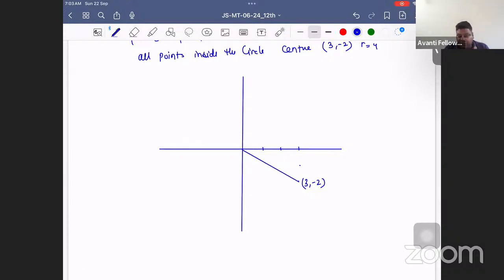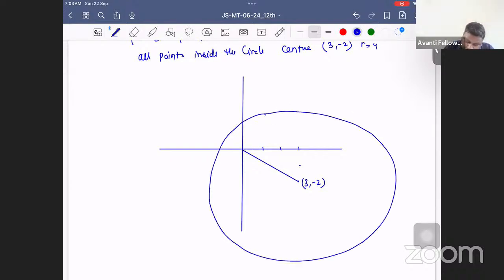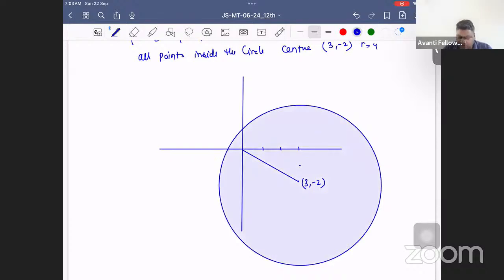That means the origin lies inside the circle. This is it, and this is the center. See, minimum mod z will be here, A. And maximum mod z will be here, B. Am I clear?